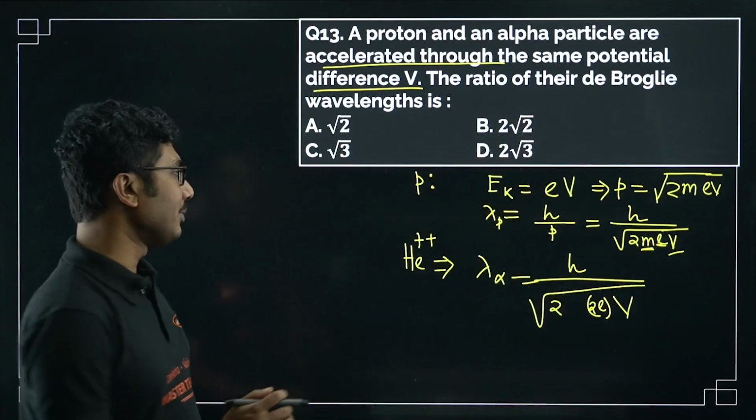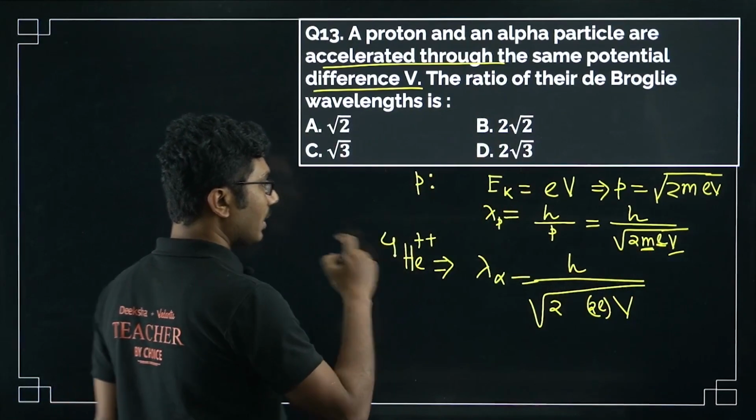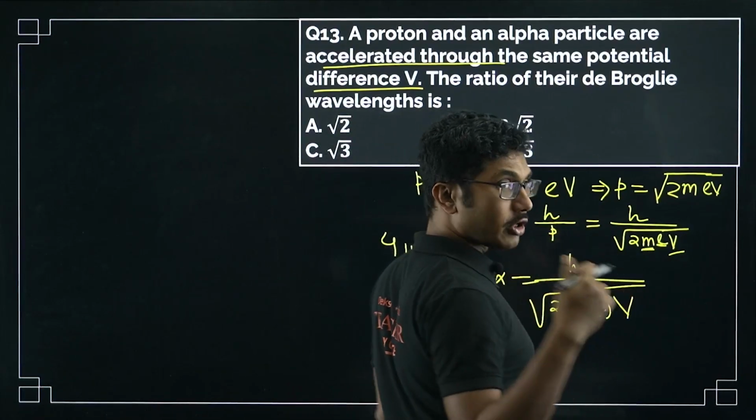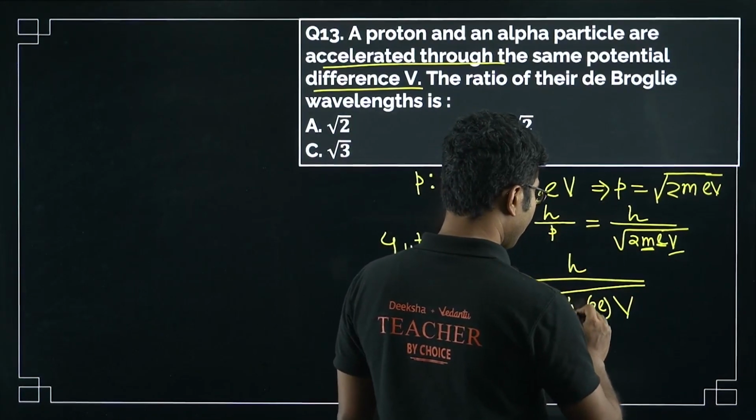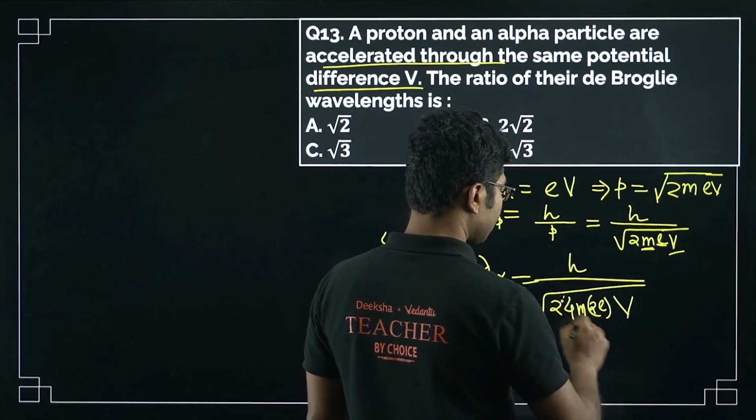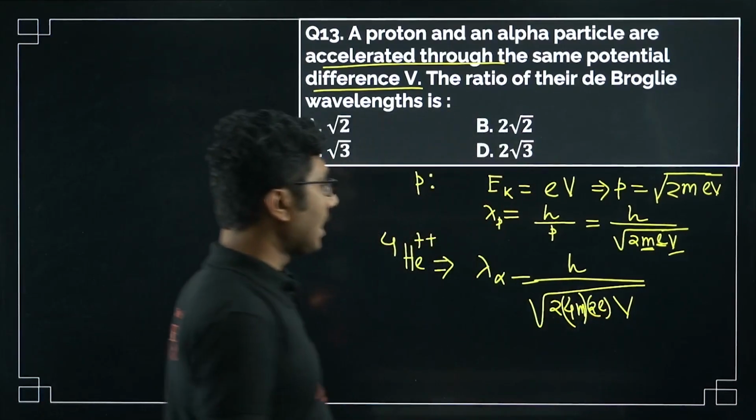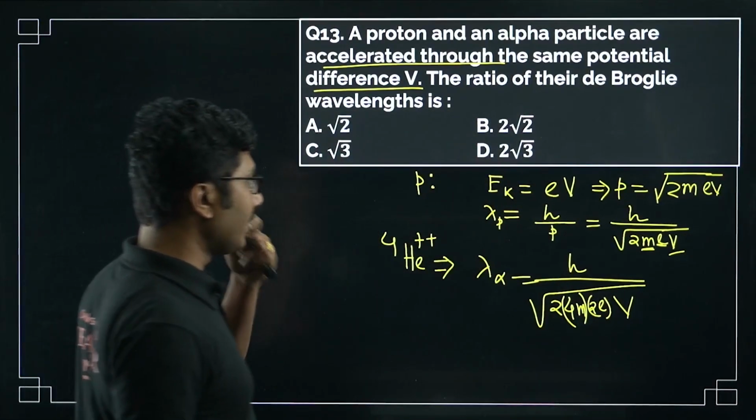The mass of the alpha particle is 4m, since it has 2 protons and 2 neutrons. Now you have to calculate the value over here.